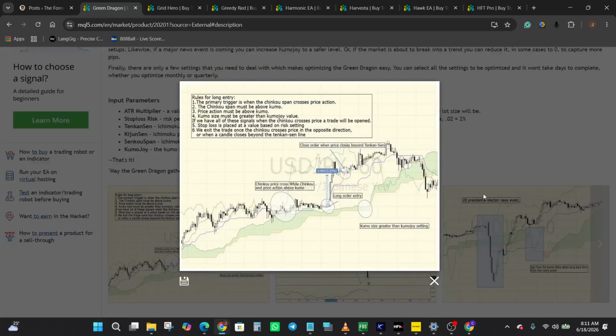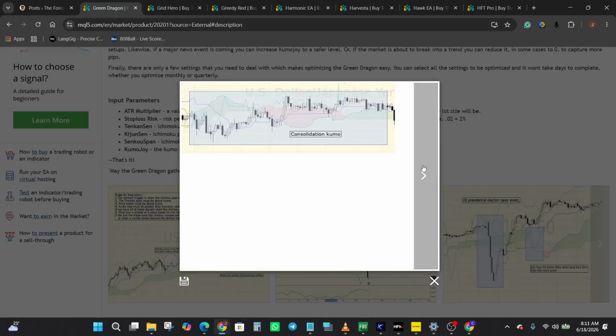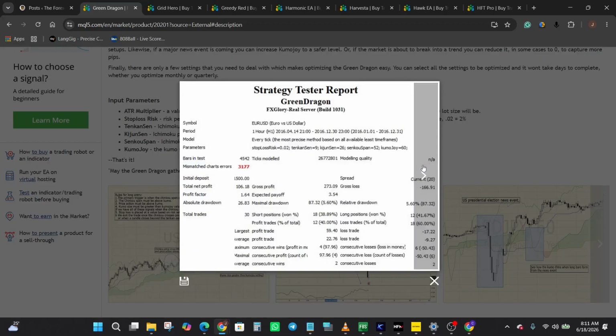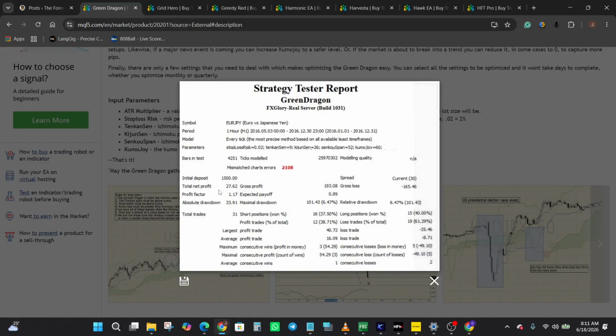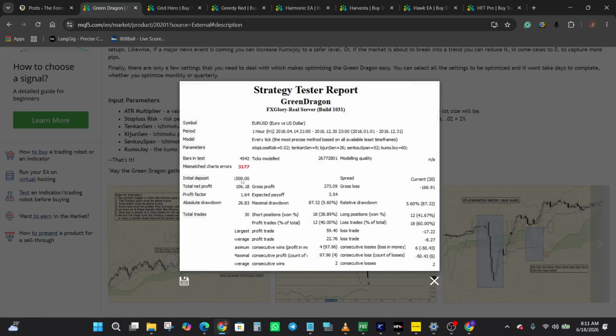So now let us move on to the historical backtest results. We're going to be heading over to our strategy tester very soon, but before that, let us see what we have here presented on the marketplace page. The strategy report here shows that from a $1,500 deposit, total net profit was 106.18, and the win rate here was 40%.